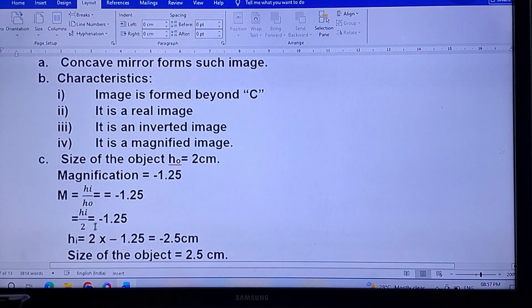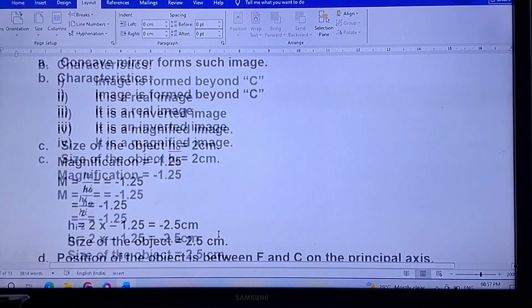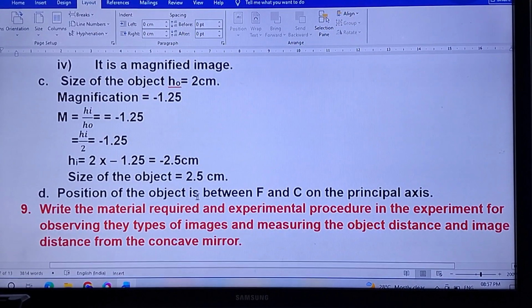Height of image by 2 is equal to minus 1.25. So height of image is 2 into minus 1.25, that is minus 2.5 centimeters. So the size of the image is 2.5 centimeters. Minus indicates that it is an inverted image.